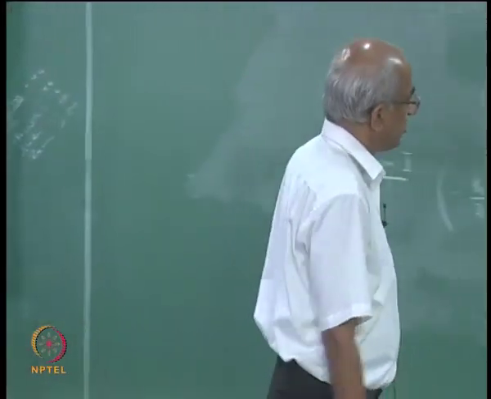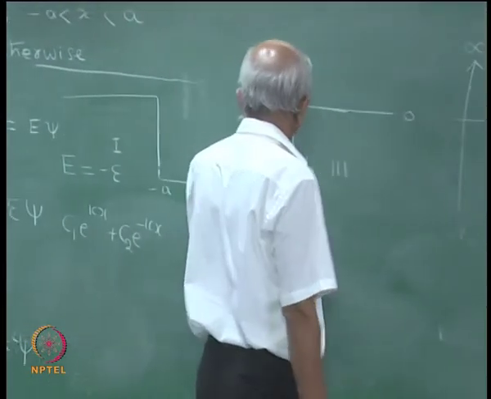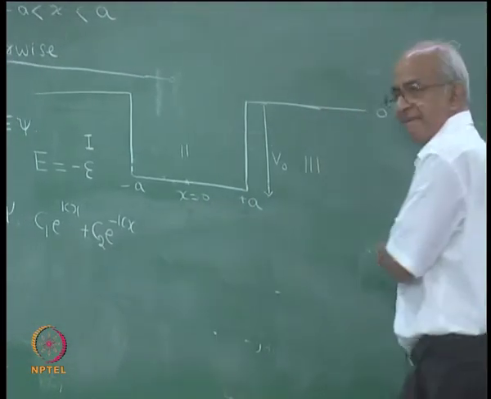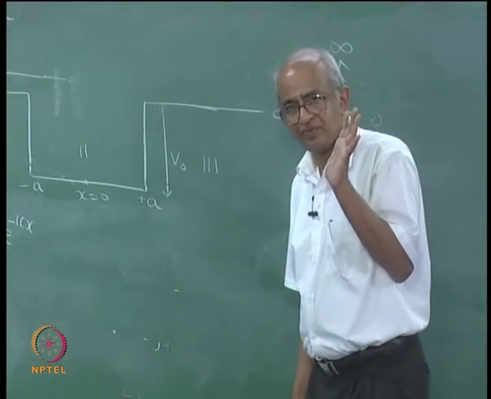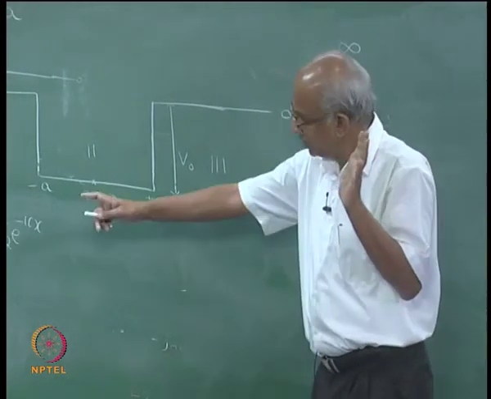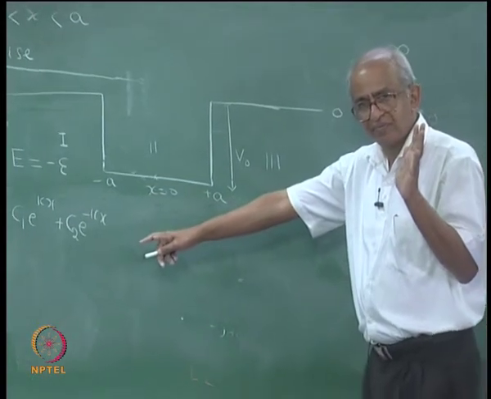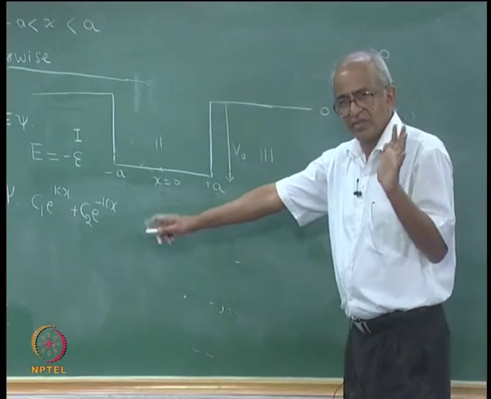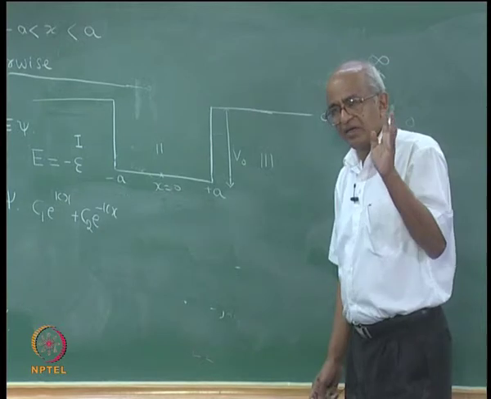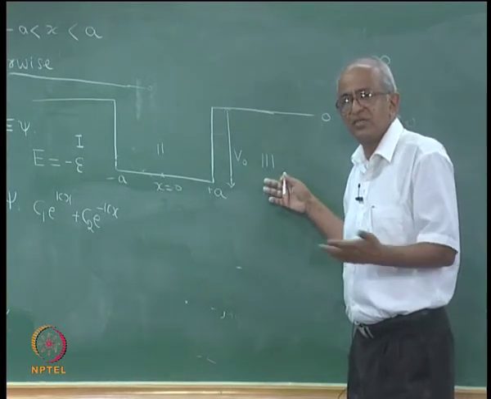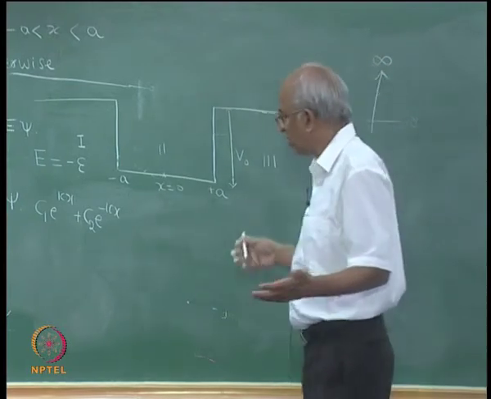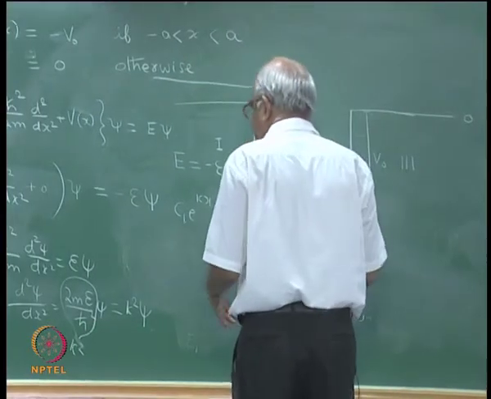So, what will be the solution in this region? Well, there also the potential energy is 0. So, the equation is just the same, it is not any different, and if the equation is just the same, the solutions are going to be similar. So, how will you write the solution in this region?